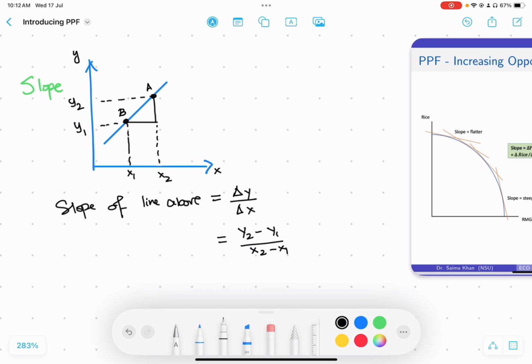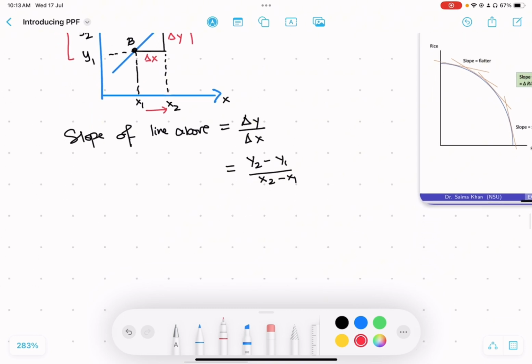The slope is going to be y2 minus y1, which is the change in y, divided by x2 minus x1, which is the change in x. This is what gives you the slope. Slope essentially tells you that if you change x by a particular amount, then how does y change based on the diagram you're looking at. You can calculate this for any graph.